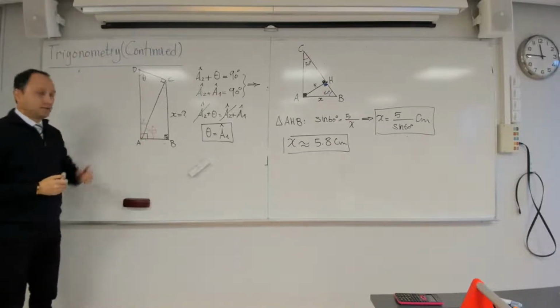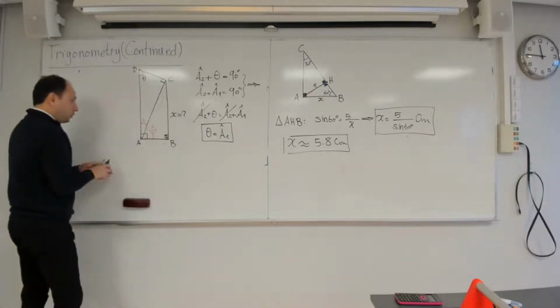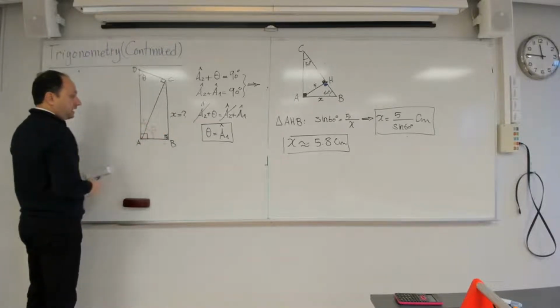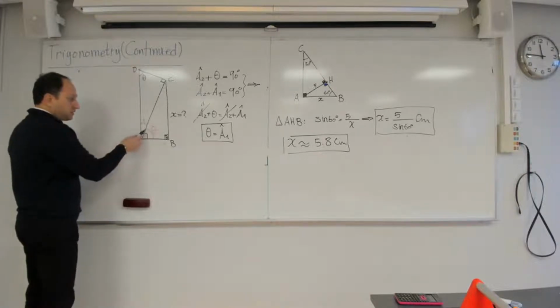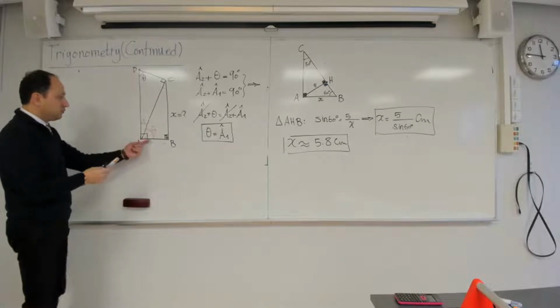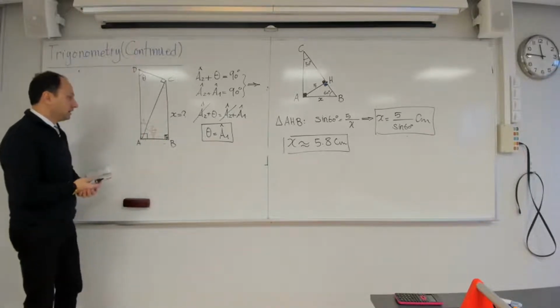So that's also theta. Now I can focus on this triangle and try to find this x. This x is the opposite one, yes? So the opposite should be involved. But still, I need one extra piece of information for this triangle.